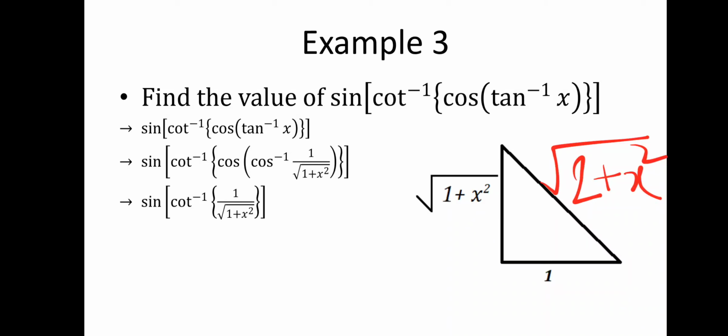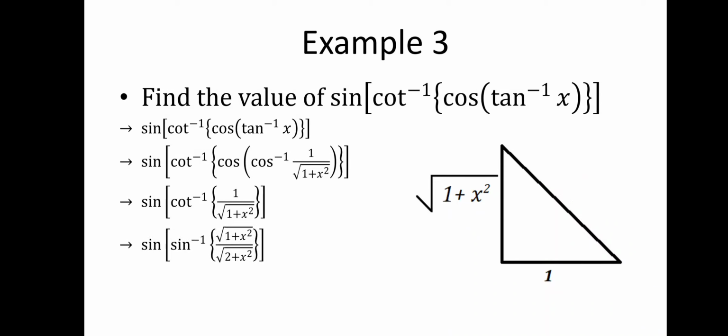I need sine inverse, which is nothing but perpendicular by hypotenuse. So it can be written as root over of 1 plus x square by root over of 2 plus x square. Hope this is clear. So now we are already at the final stage of the problem. Sine of sine inverse becomes whatever the thing inside. So my final answer is under root 1 plus x square by 2 plus x square.